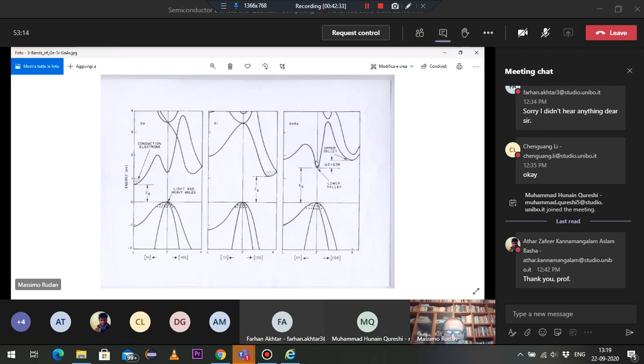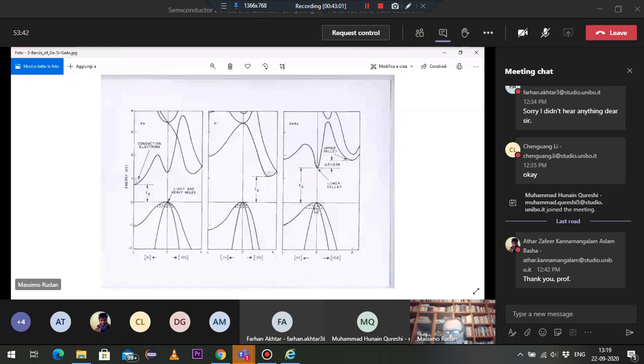The opposite phenomenon is also possible. You may have the situation in which an electron that belongs to the conduction band loses energy and goes from a state of the conduction band into a state of the valence band. And this loss of energy is emitted as electromagnetic radiation, okay?